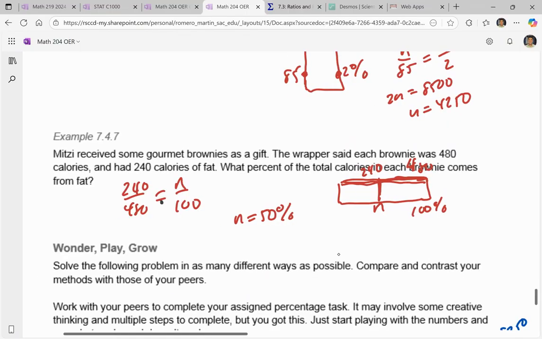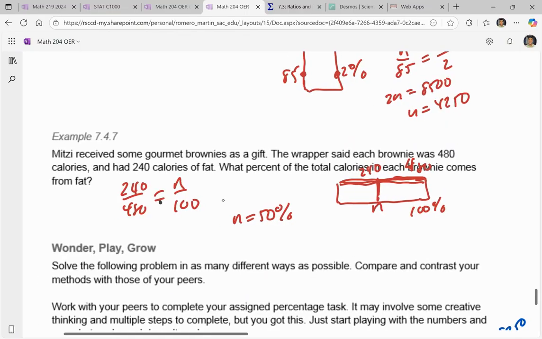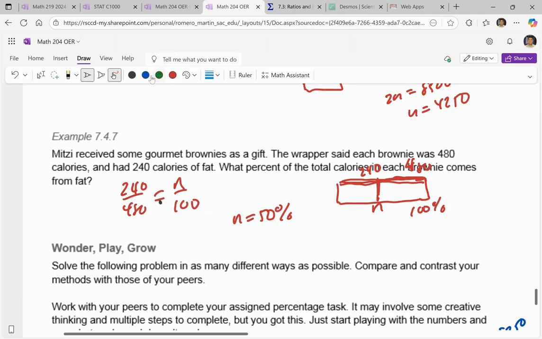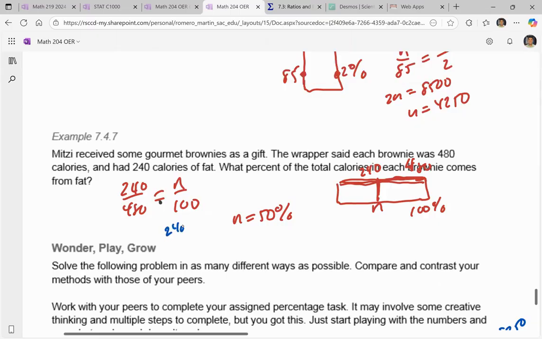And then lastly, the last example here, you have 240 out of 480 is what percent? So you have a setup here. It turns out to be 50%. You could see it, but if you were going to solve it, say there were numbers, you would cross multiply and you get 240 times 100 equals 480n.